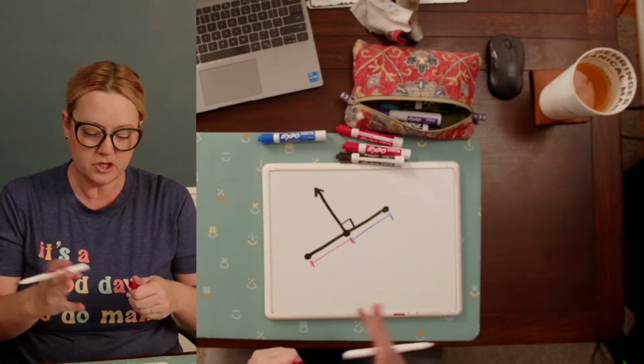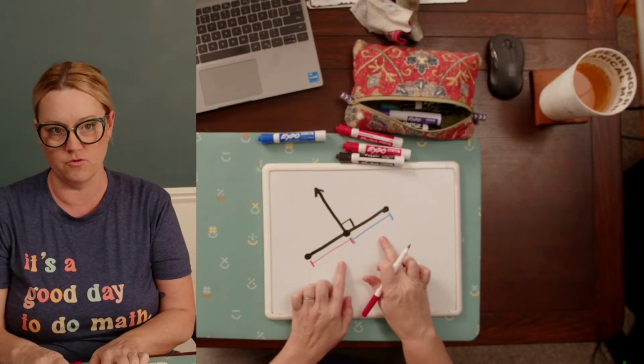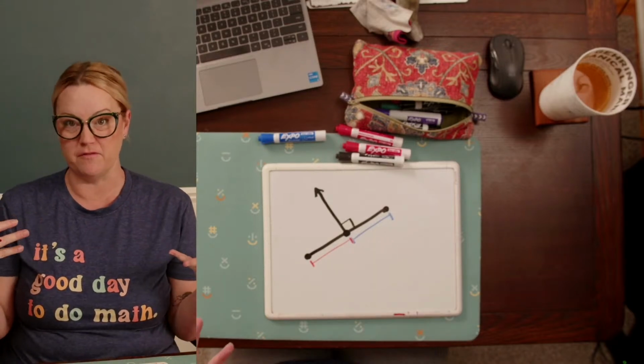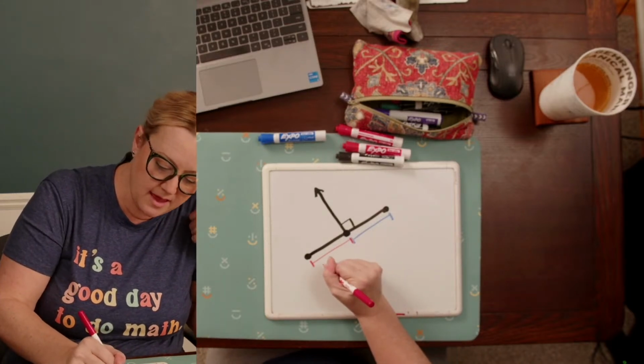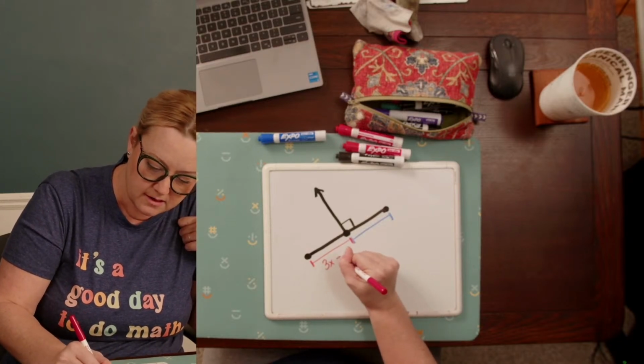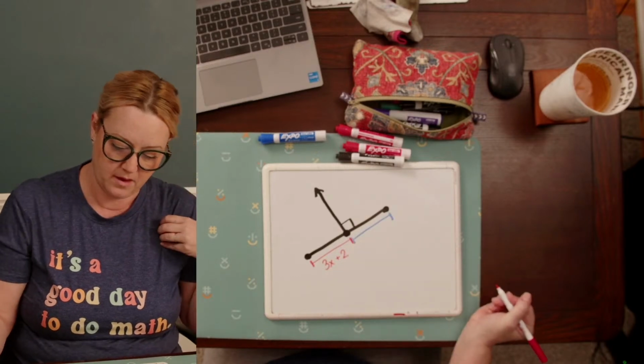Okay, so if these two are congruent, okay, then whatever I know about them is actually like the same information, right? So I could say that this segment is 3x plus 2, okay?